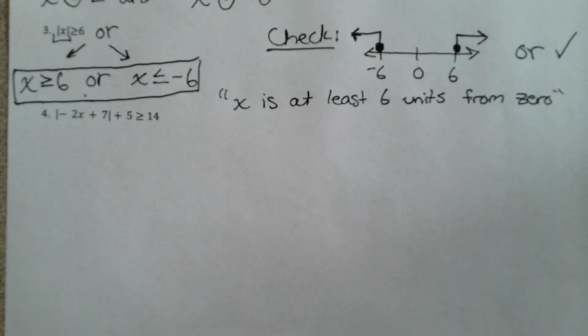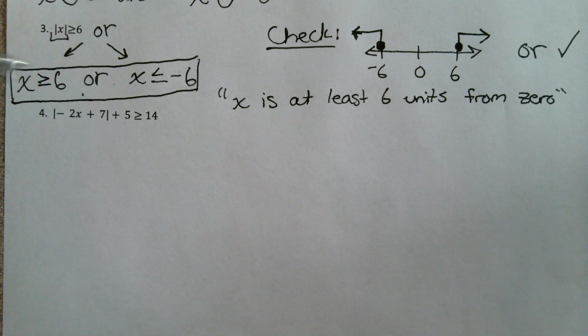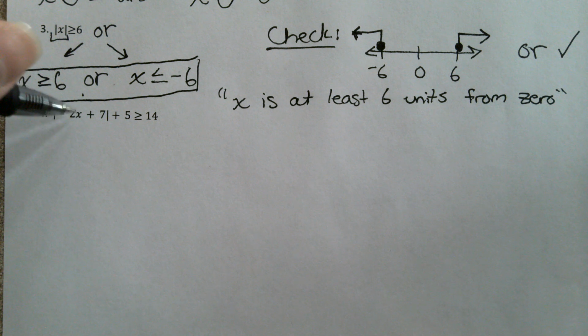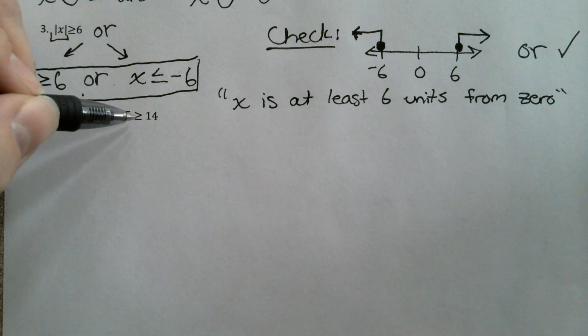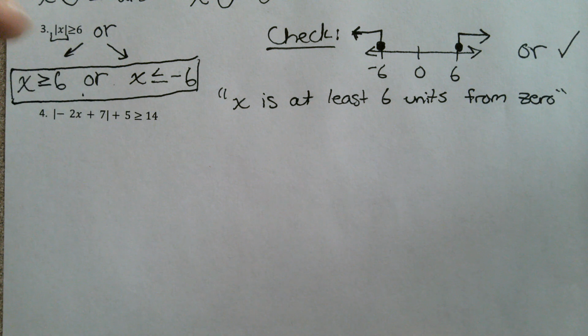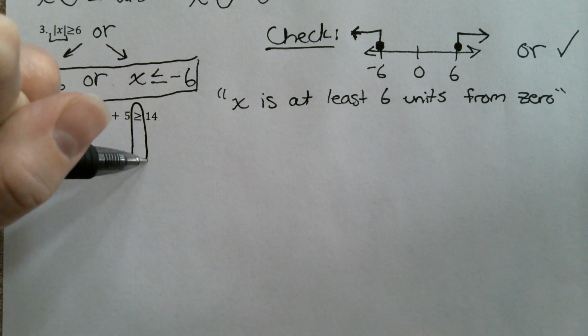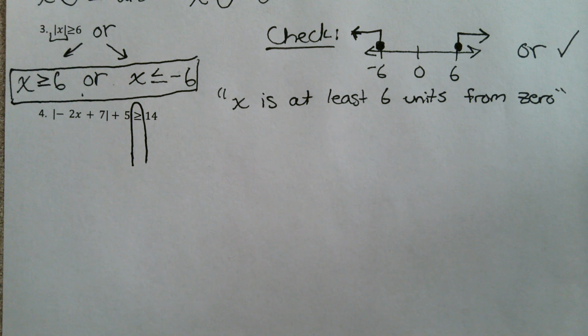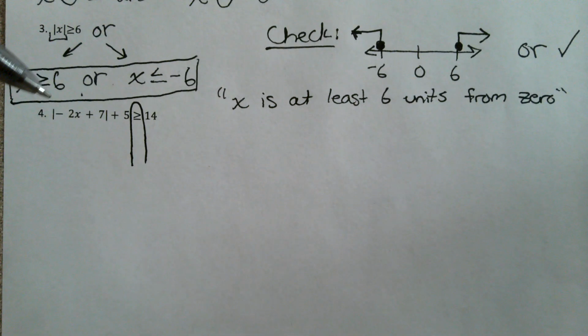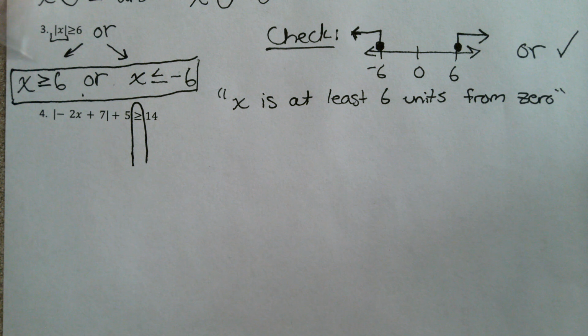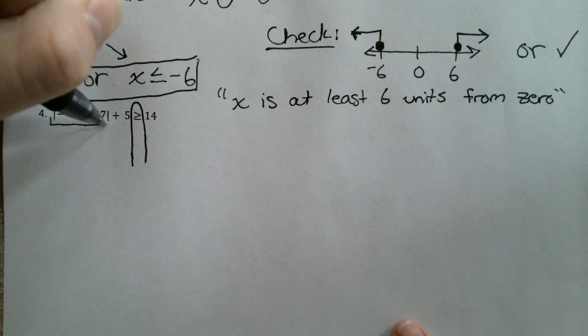Now let's solve another equation. Absolute value of negative 2x plus 7 plus 5 is greater than or equal to 14. First step. And you'll notice that this is very similar to the process we did yesterday with solving absolute value equations. The process is very similar, a lot of the same steps. Step 1 is to isolate your absolute value.